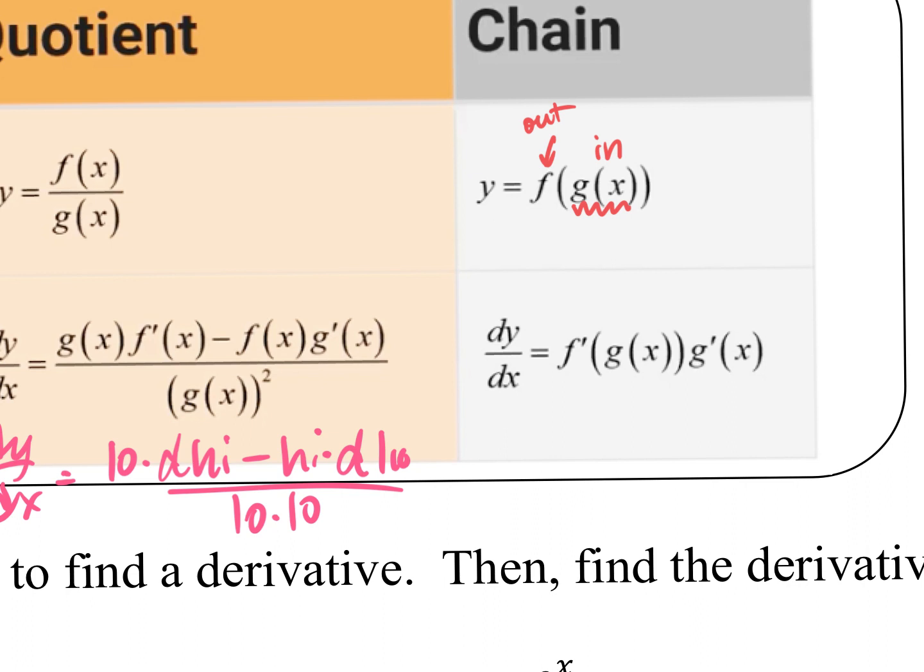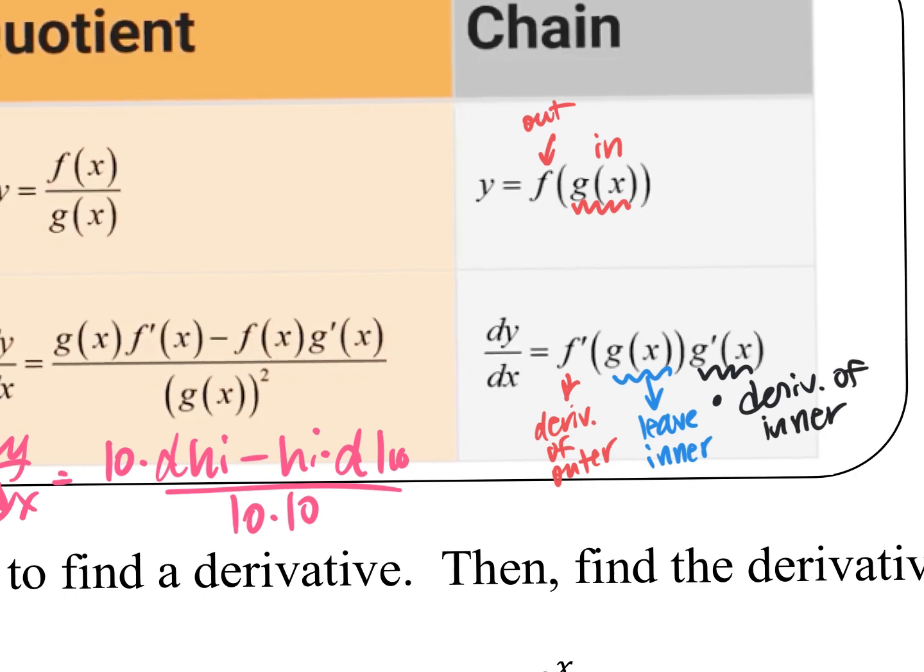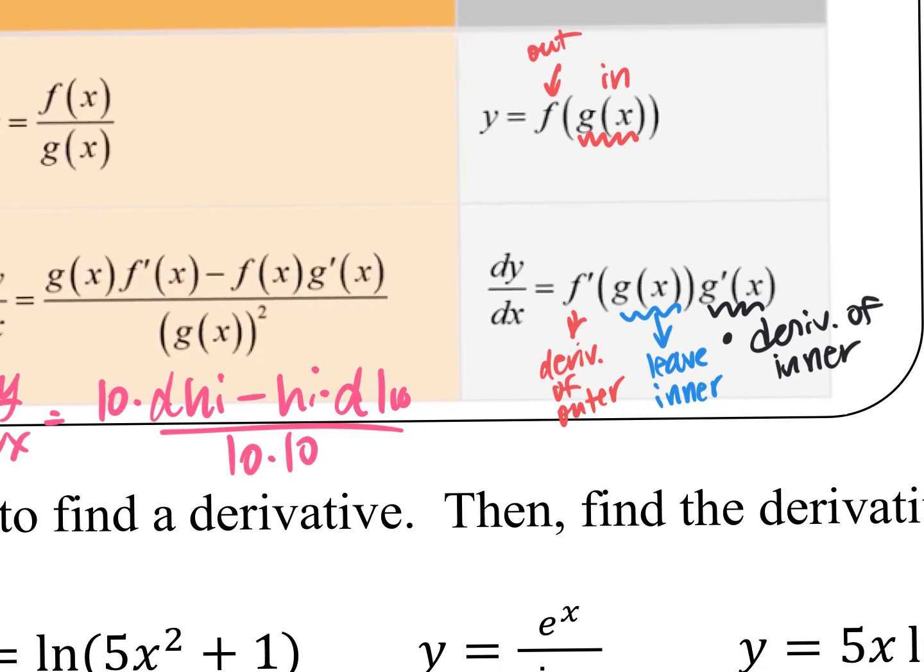F prime is the derivative of the outer. What's my G? Yeah, leave the inner. And then what do we multiply that by? The derivative of the inner. Again, you do not need to write any of these, but it might be helpful to some people.